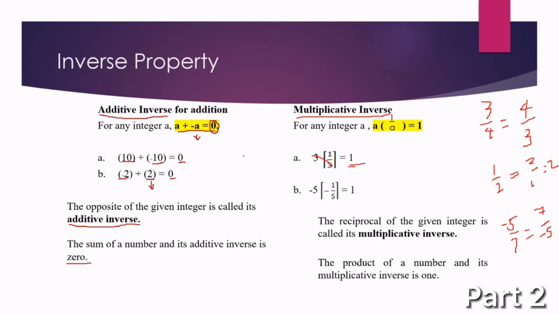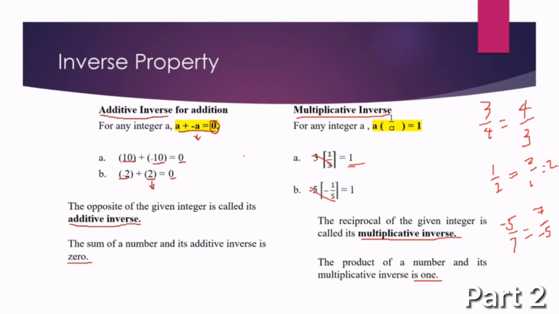Next, negative 5 times the reciprocal or the multiplicative inverse, we have 1 over negative 5. Still, the answer is 1. So just cancel this, it will give you positive 1. So the reciprocal of the given integer is called its multiplicative inverse. Therefore, the product of a number and its multiplicative inverse is equal to 1.